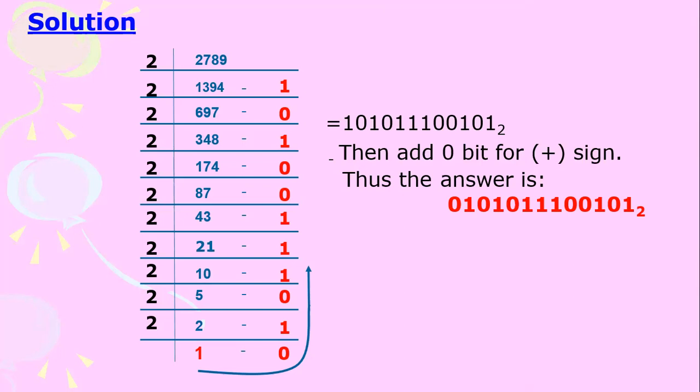And therefore, our answer becomes 0, 1, 0, 1, 0, 1, 1, 1, 0, 0, 1, 0, 1. So the most significant bit, 0, in this case, will indicate that this is a positive number.